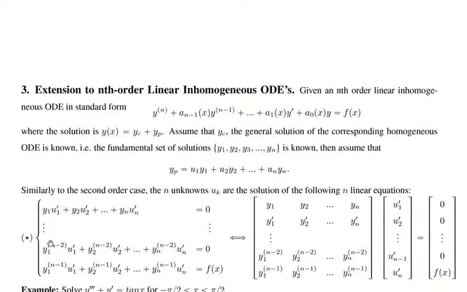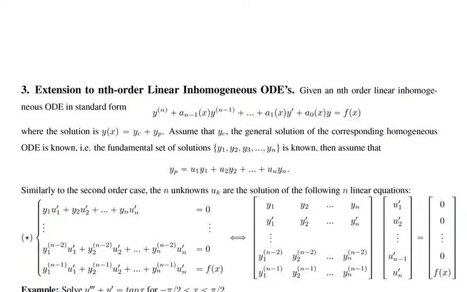So we're going to end up with n minus 1 equations where the ith equation has the i minus 1th derivative of y1, y2 up to yn, and they're all equal to 0, except for the last equation, where we have the n minus 1th derivative of y1, y2, yn, and this left hand side is set equal to f of x, the function on the right hand side of the ODE in standard form.